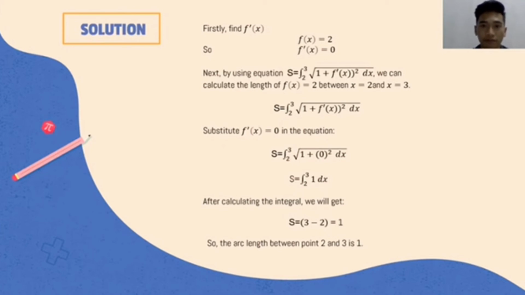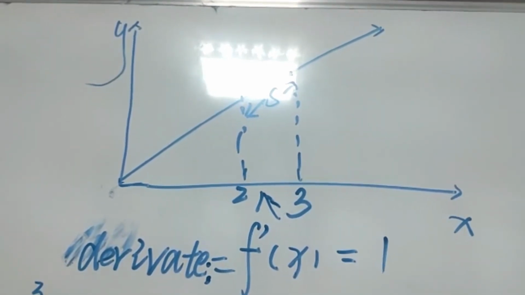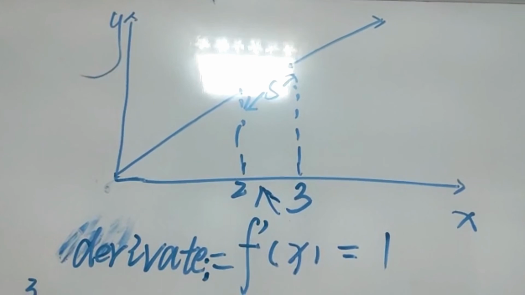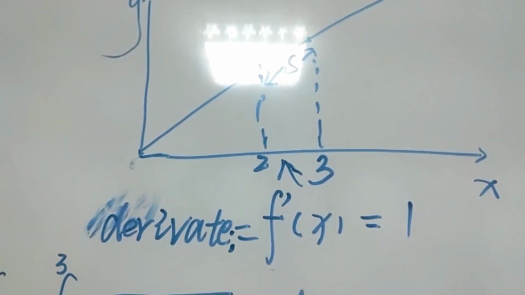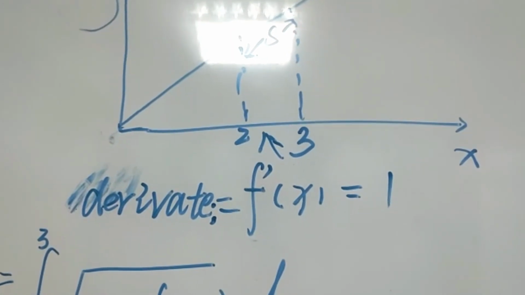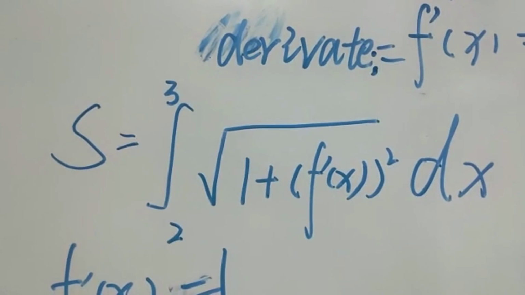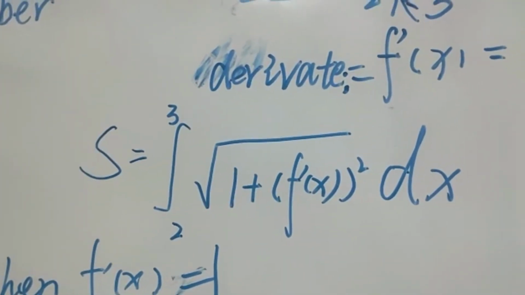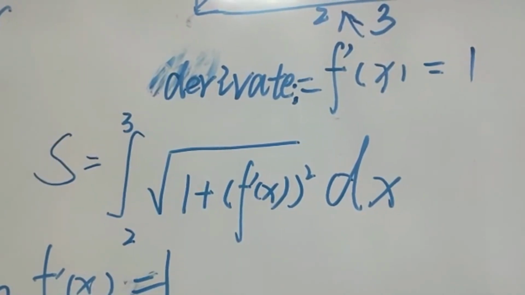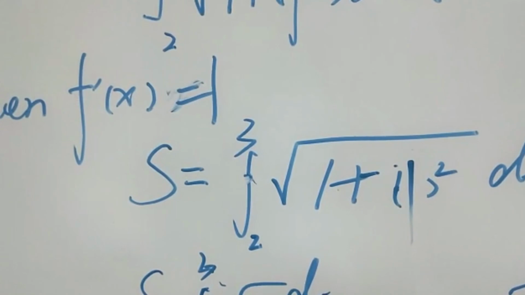Thank you. Here is the graph, which tells us some simple information. The axis is between 2 and 3. And we can get the integral of f(x). Then we give out our first equation, like here, and we can get it simplified like this.